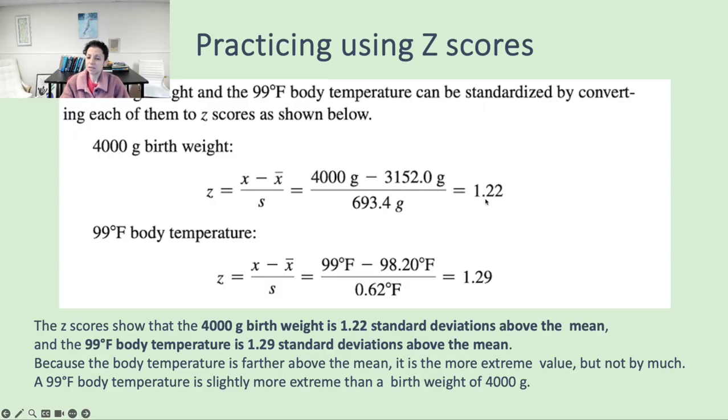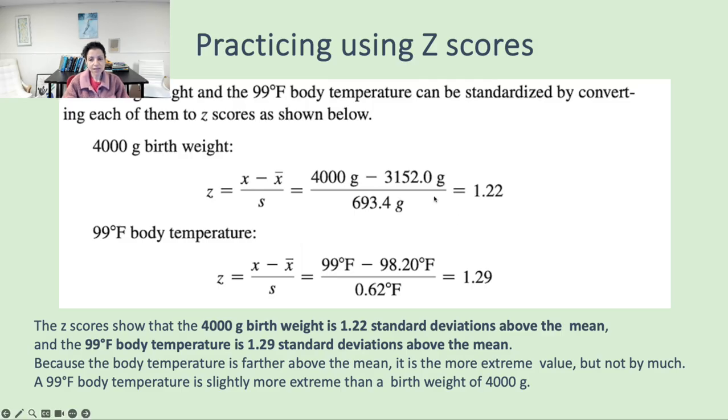That gives us a z-score of 1.22. Remember, we rounded off to 2 decimal places. Body temperature: we had 99 degrees Fahrenheit minus the average of 98.2 divided by the standard deviation of 0.62. That gives us 1.29.